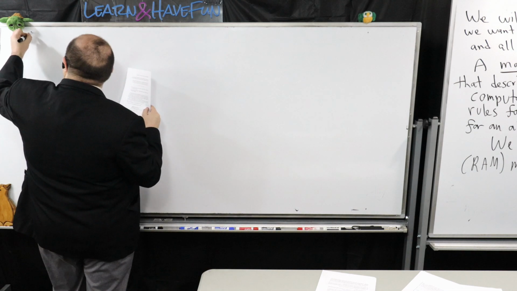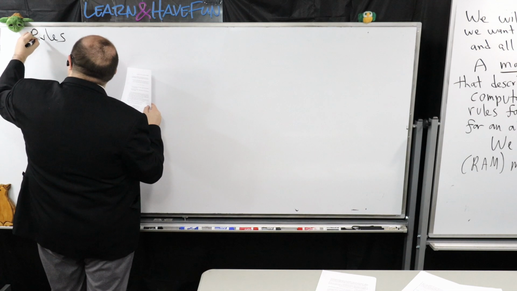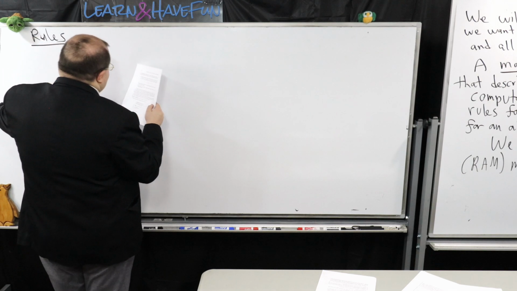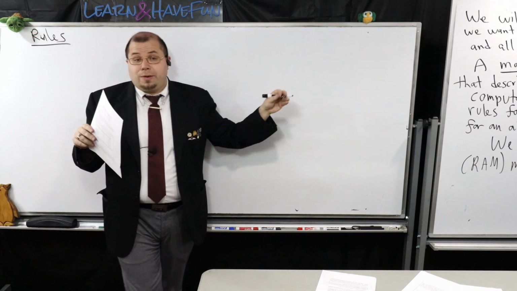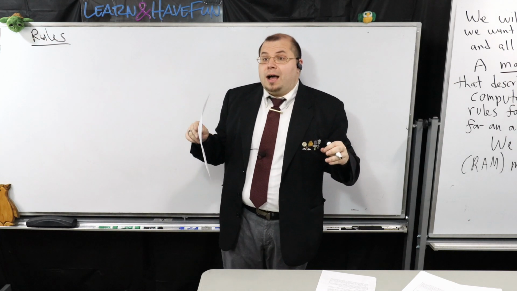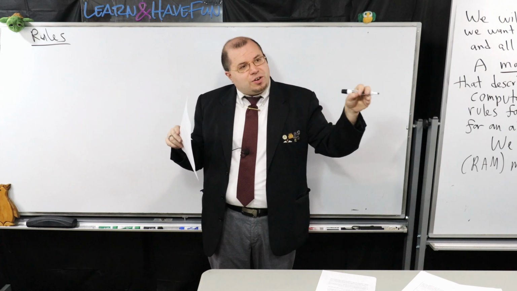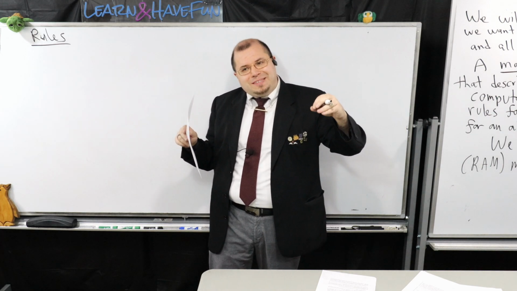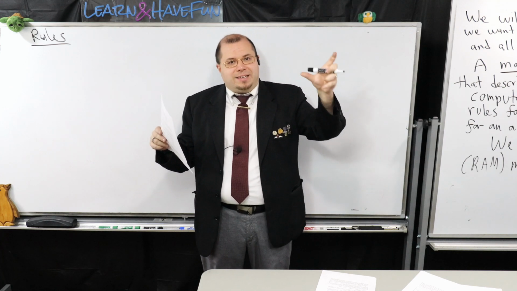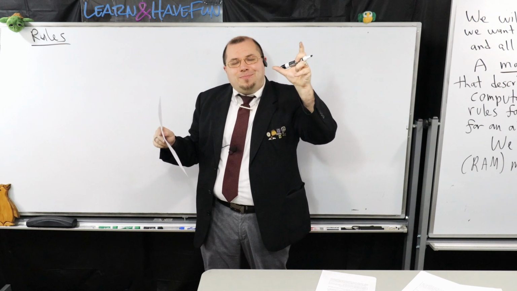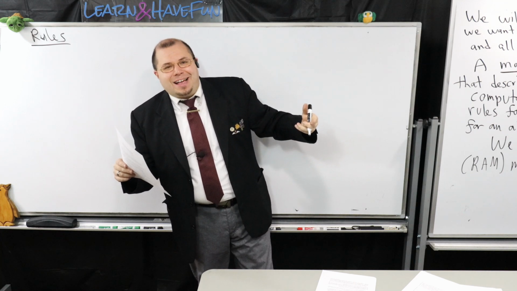So here are the rules. It's actually surprisingly simple. So here are the rules for our analysis. And I must stress that this is just a general model for the random access machine model. There are much more specialized versions that you can tailor to very specific needs you might have. For example, we're going to make the assumption I can read an entire word on a computer and I can just feed that right into an assignment.